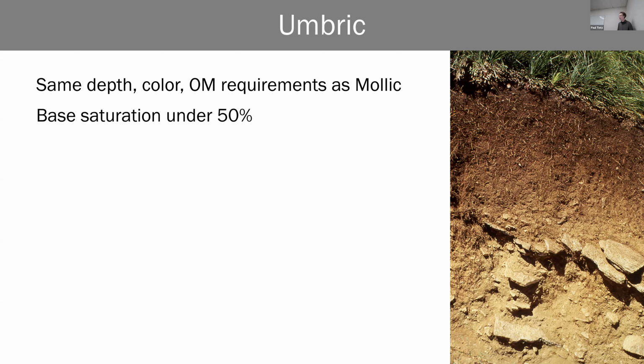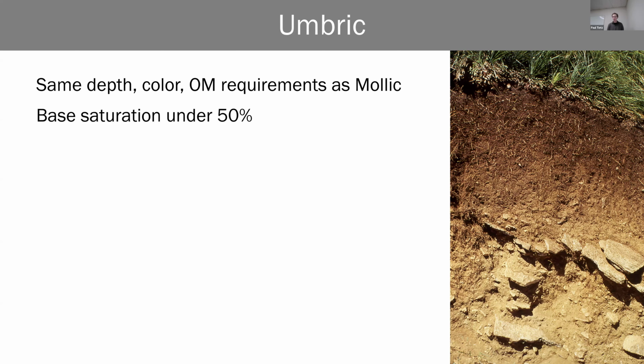Umbric epipedon. Our soil judging team was just in Wisconsin, and we ended up seeing a lot more of these umbric epipedons than we expected there. I think it's because of the pH. They have a lot of acidic forest soils in general, more rain over there than we do here.